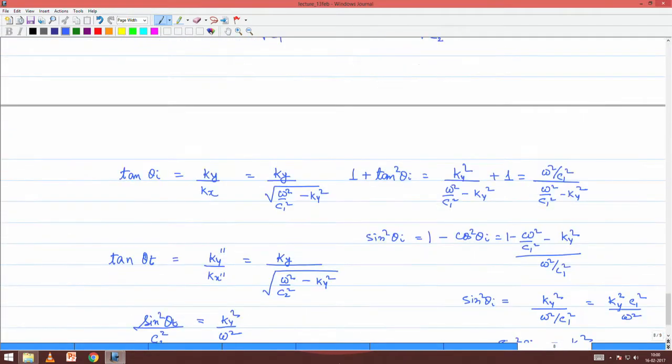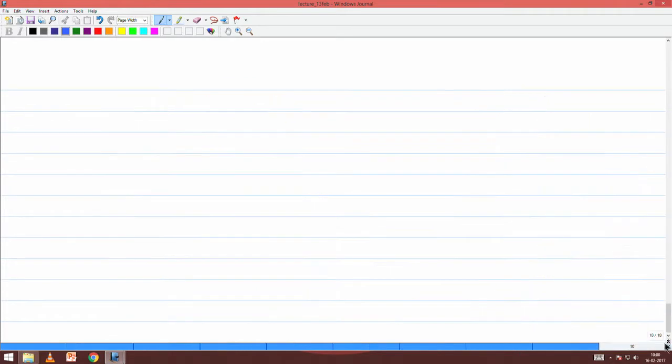So, we will start again with this problem. We have a medium 1 which has the properties rho 1, C 1, and medium 2 which has the properties rho 2 and C 2.